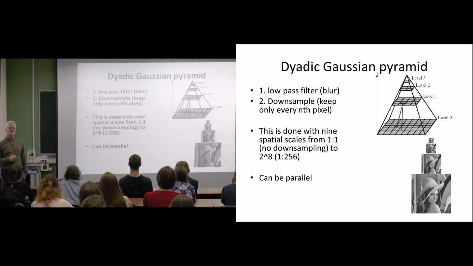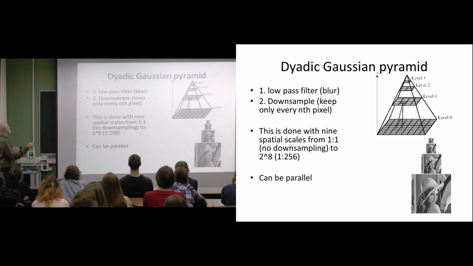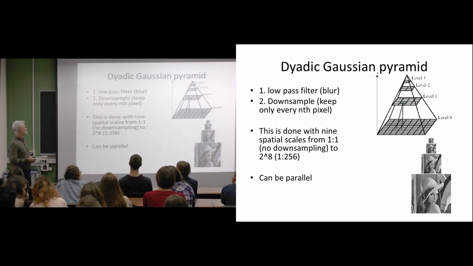So if anybody has been doing computer vision since before deep learning neural nets came in, you'll probably recognize some of these techniques. This is the way that it used to be done before neural nets took over. So the first thing is a low-pass filter. You do a blurring filter on top of the overall image, and then you would do a downsampling to keep every nth pixel or so on.